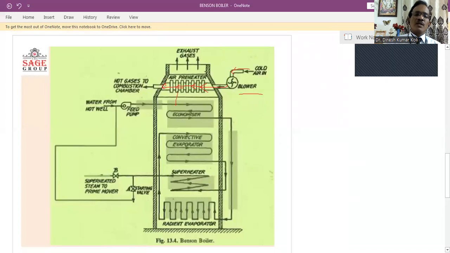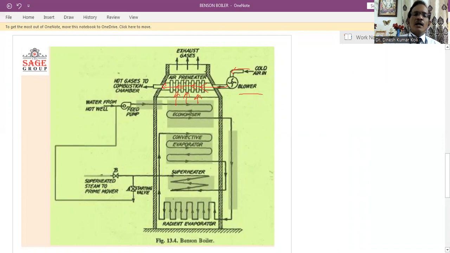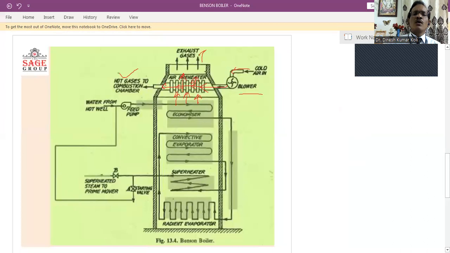From this side, hot flue gases move upward and pass through the air preheater section. The air passing inside the air preheater gets heated, and this warm air is supplied to the combustion chamber to increase the combustion efficiency. After passing through the air preheater, the hot gases are exhausted to the atmosphere.